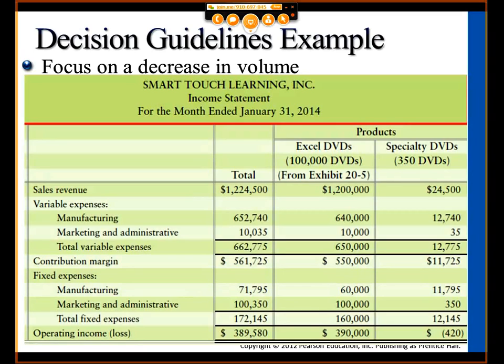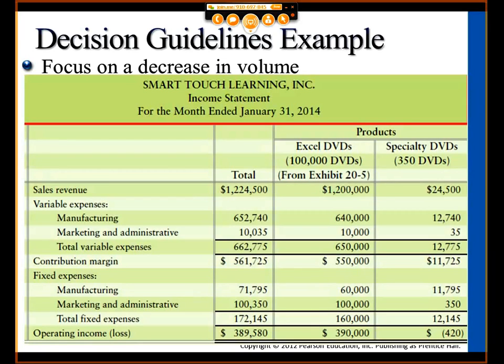If we are going to stay with the specialty DVDs or not. So naturally, this is not the number that anyone would like in their operations, right? It's a loss. So management is going to consider dropping this product, right? You don't want to operate at a loss.